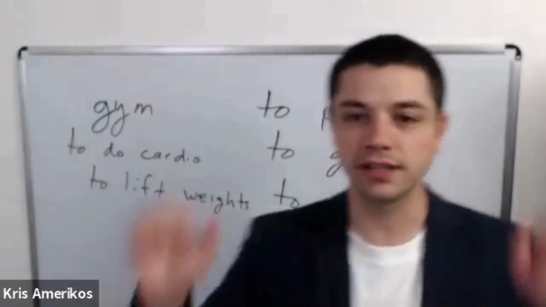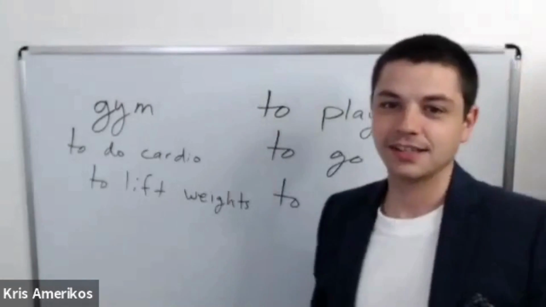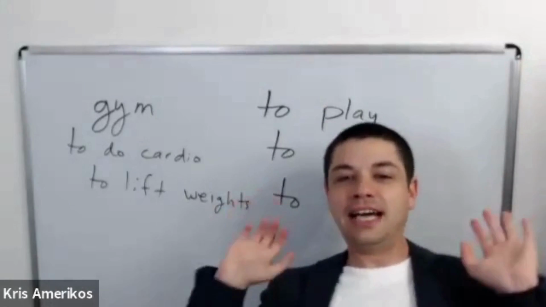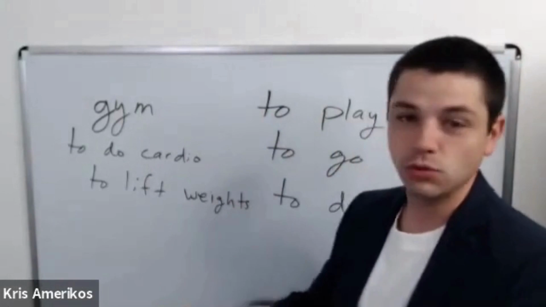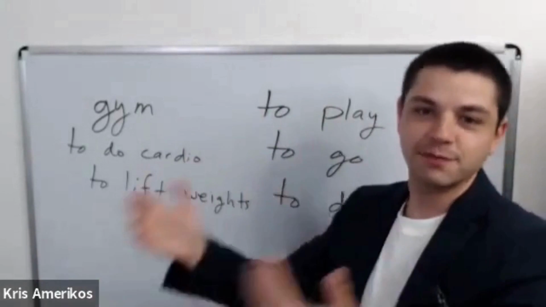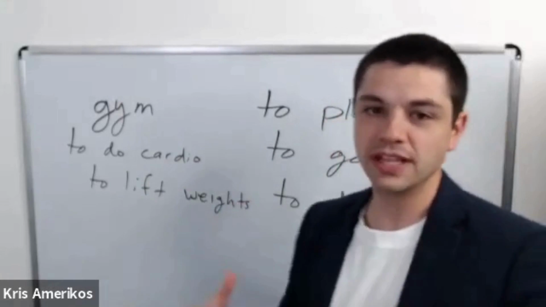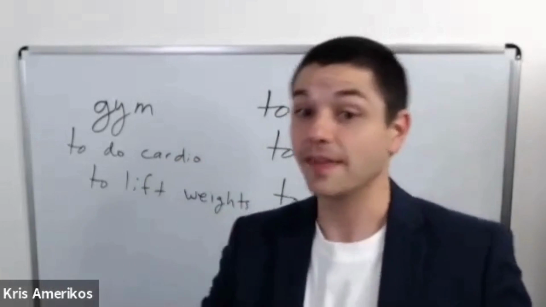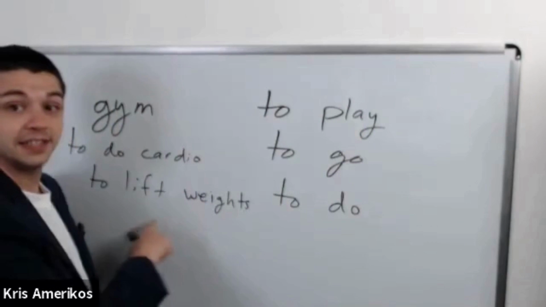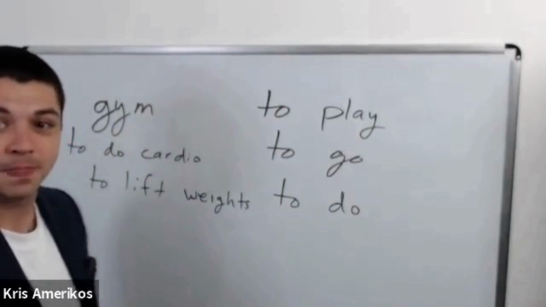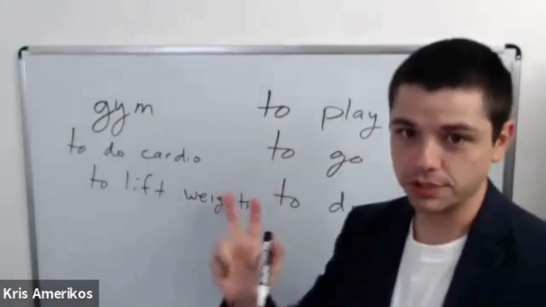To lift weights. Right? Maybe we lie down and we lift weights. Maybe we use some other machines to help us lift weights. And so to lift weights, this is an activity. And there's a sport in the Olympics called weightlifting. Weightlifting, right? This is a sport in the Olympics.